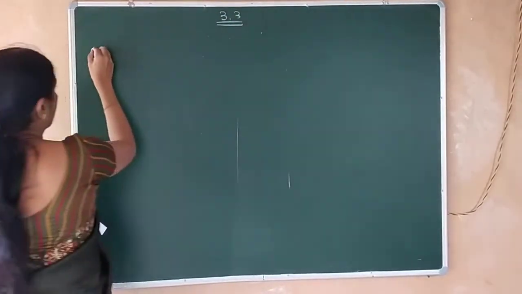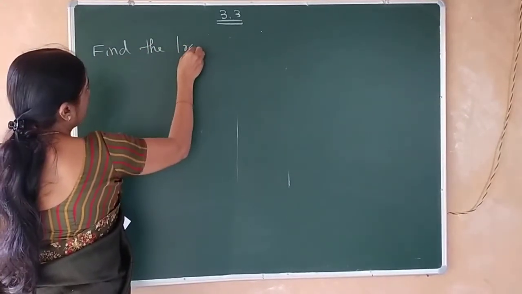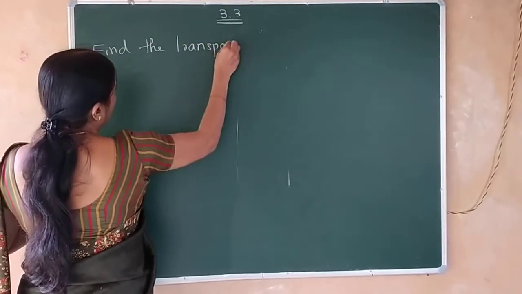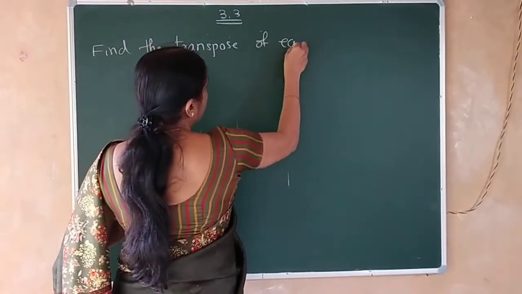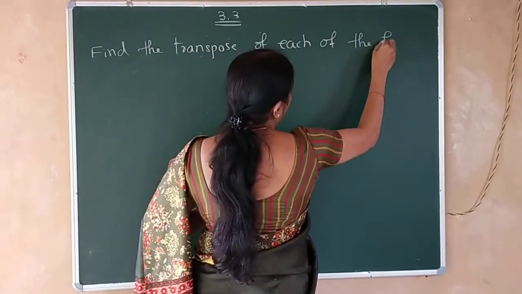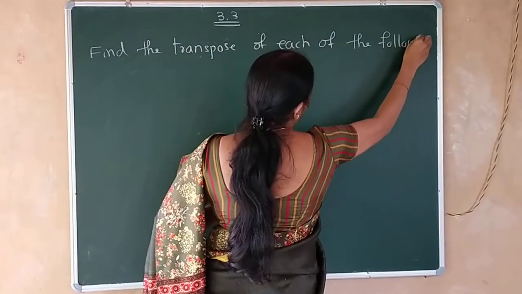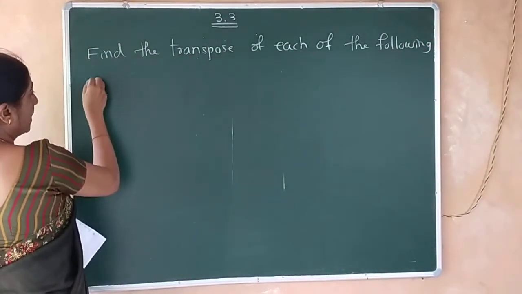The first question is, find the transpose of each of the following matrices. Take the paper and pen, go on writing with me. I am explaining slowly step by step, so everyone can understand easily.